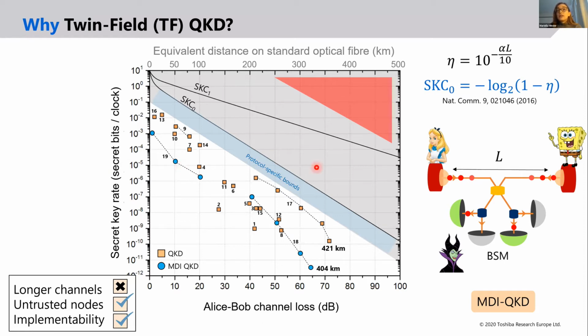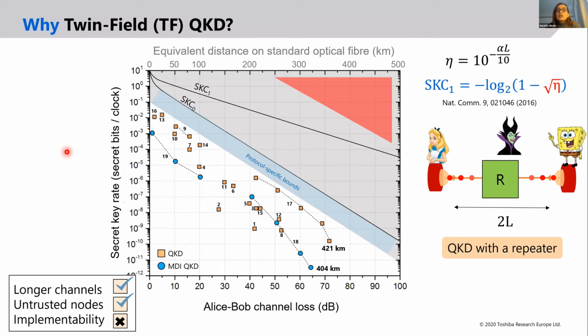So they are still bounded by the secret key capacity 0, which means that although we have 2 transmitters in MDI QKD, the receiver, which can be an untrusted node, performs a Bell state measurement. And because of the need for the Bell state measurement, it means we also need coincidence counts. So although we have this architecture, we're not able to overcome the secret key capacity. However, with implementing MDI QKD, we gain untrusted nodes, and it is still an implementable protocol, so it is practical.